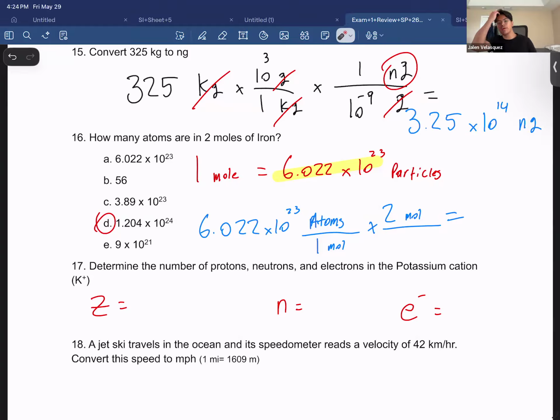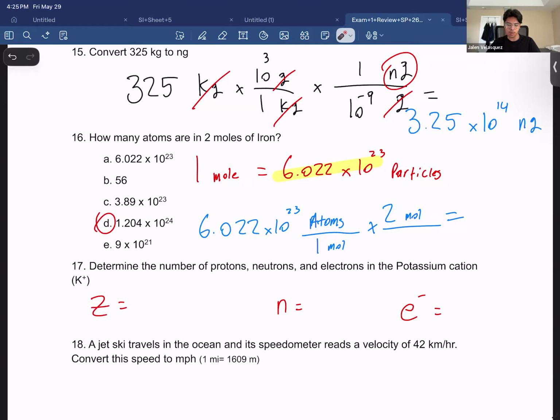Okay, just a little rundown. There are 3 subatomic particles, the other little particles that atoms are made up of. The 3 subatomic particles are protons, which are positively charged, neutrons, which are neutrally charged, so a charge of 0, and electrons, which have a negative charge.